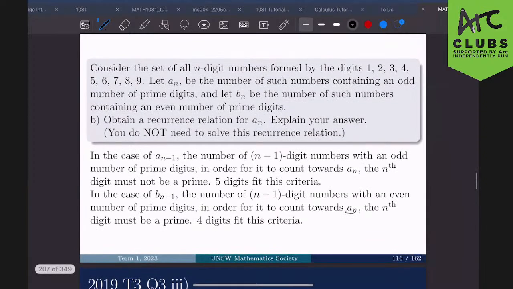The next digit we add is prime, and there's 4 prime numbers. So this is how we've gotten these results here, 4 and 5.